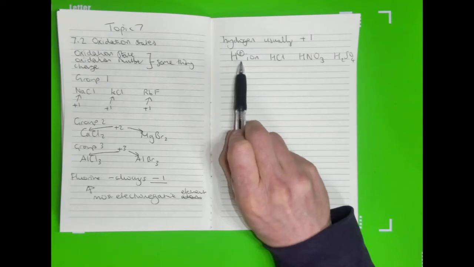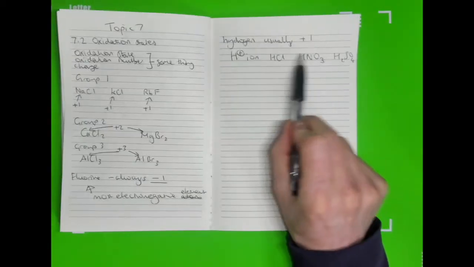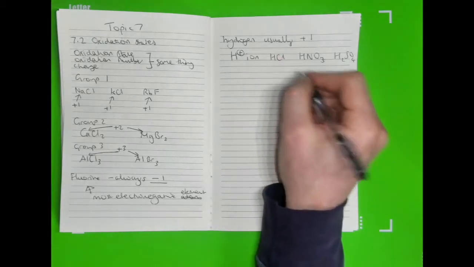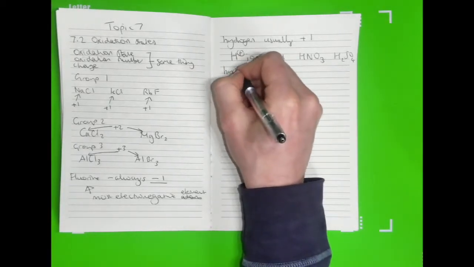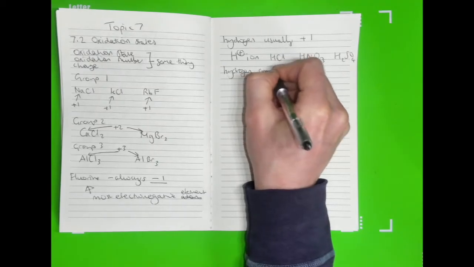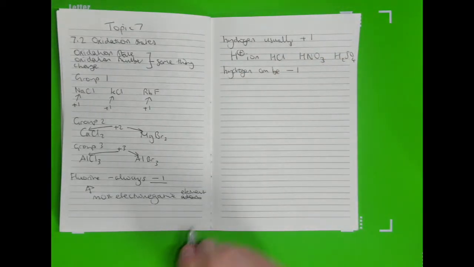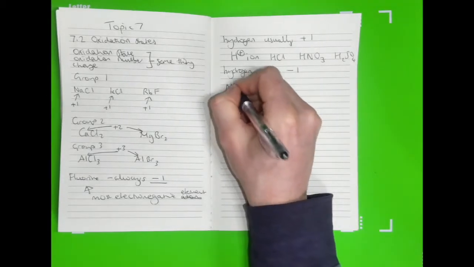The oxidation state is +1 in all of those. Sometimes though, hydrogen can be -1. For example, if we look at this chemical formula here.